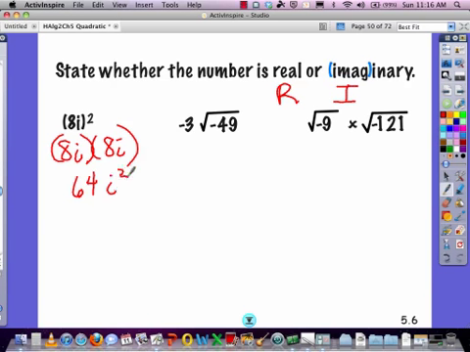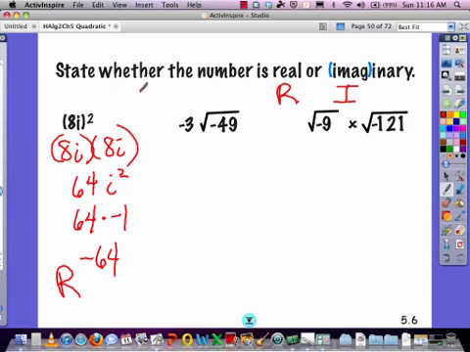And from there, i squared, based on our memorizing, means negative 1, so we'd be looking at 64 times negative 1. Multiply that out, our final answer is negative 64, and we definitely would say we are in the real number system for that one. Negative 64 is definitely a real number.